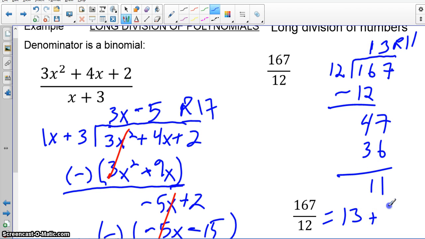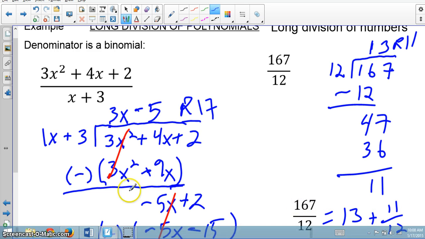And the remainder tells us that what's left over is 11 twelfths. 13 and 11 twelfths. You might see this as a mixed fraction. But whatever, it's 13 plus the remainder. So it's the quotient plus the remainder over the original divisor. 13 and 11 twelfths is equivalent to this improper fraction here.